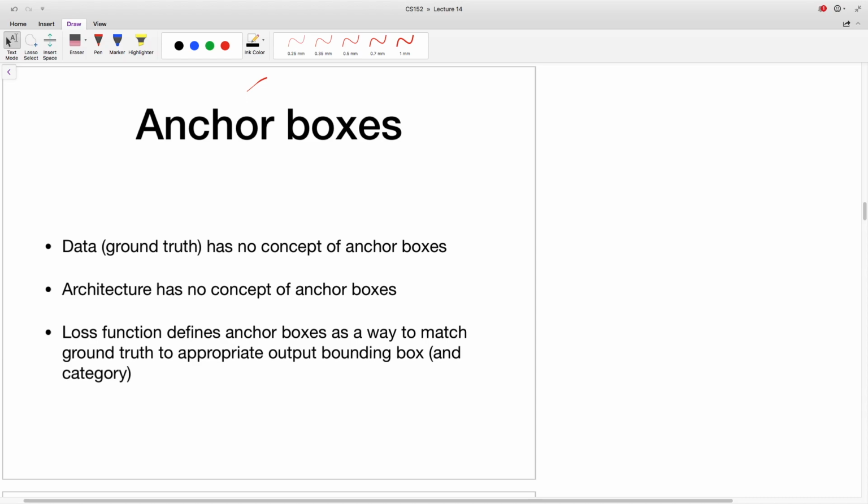I said the architecture does not know about anchor boxes, and that is not 100% true. So this is 99% true. If we go through and make all of those anchor boxes of different sizes and different orientations, we might end up with 1,000 anchor boxes.